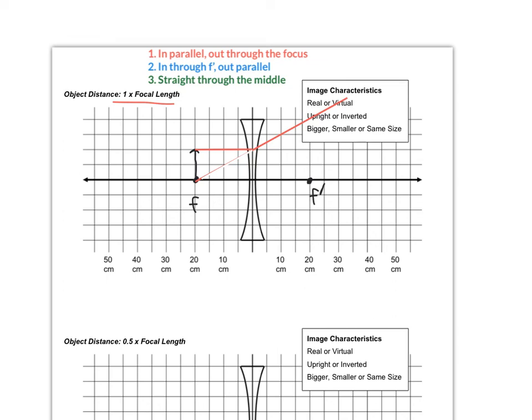Our second ray goes in towards F prime, but once it hits this lens here, it bends and goes parallel. And our third ray goes straight through the center. We see once again that we don't have convergence of our rays over here, so we will be tracing those rays back. So we'll trace back each of our 3 light rays, and we find that they end up converging right around here and forming a virtual, upright, and smaller image.